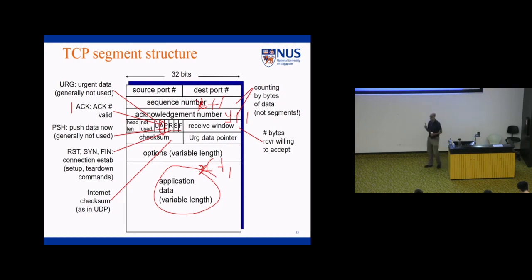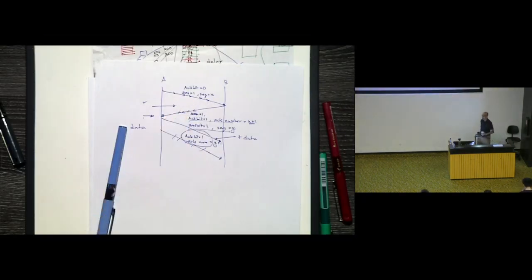When I send the first packet, the connection is not open yet, right? But my packet will always have the acknowledgement number field. You can put all ones, all zeros, but whatever you put, it has no meaning because you're not really acknowledging anything from the other side.